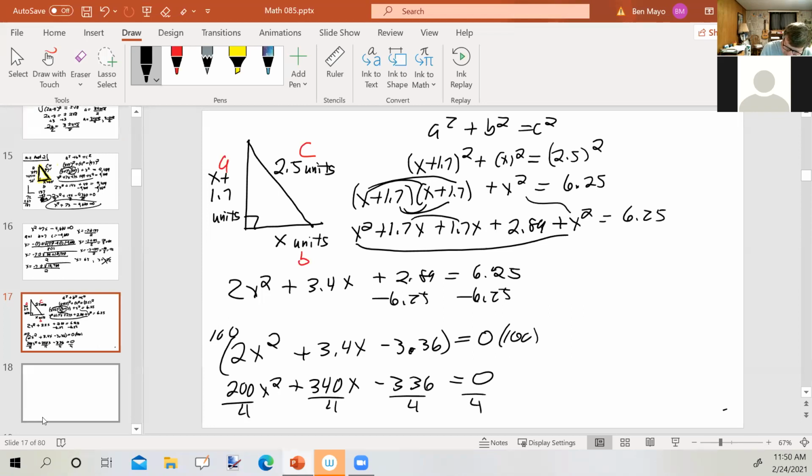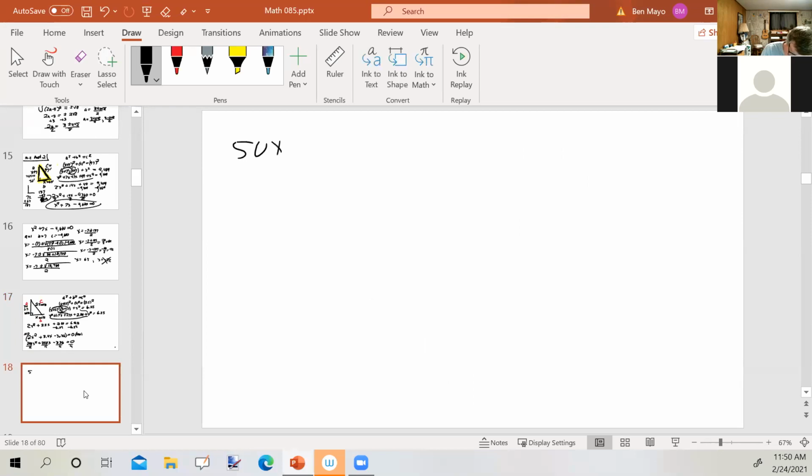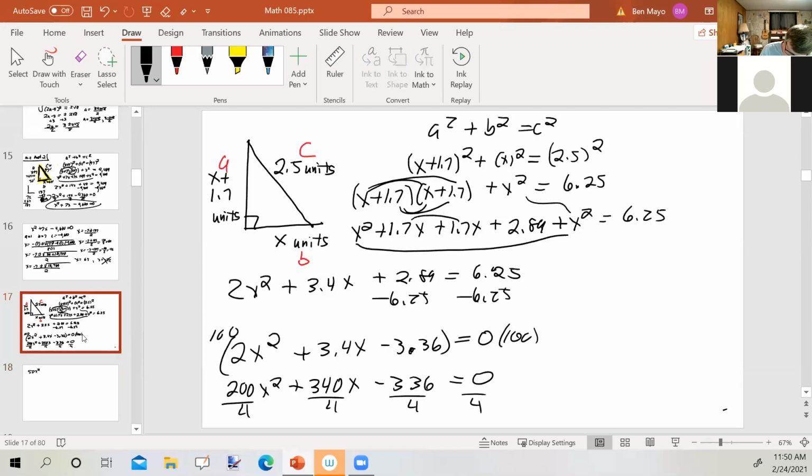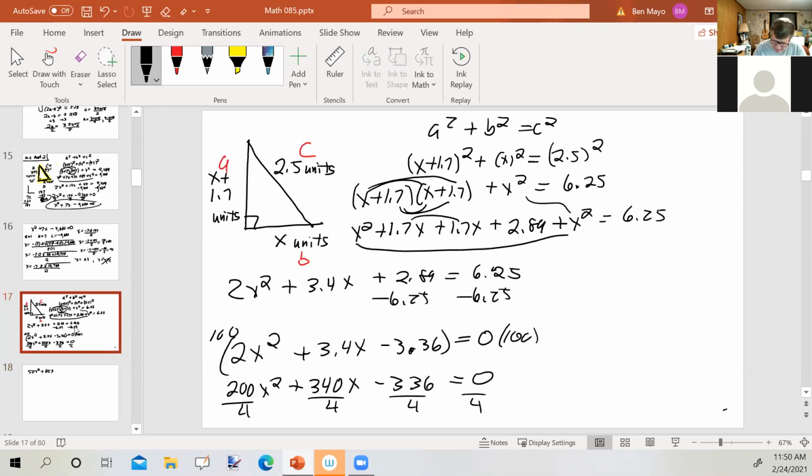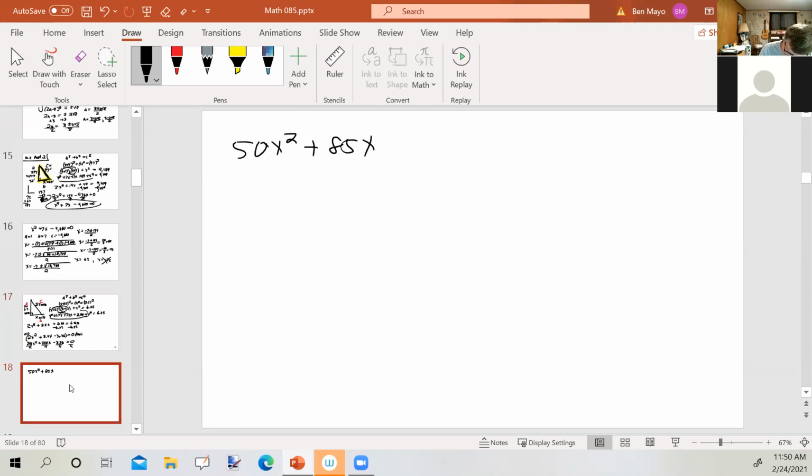So 200 divided by 4 would be 50x squared plus 340 divided by 4 is 85. So plus 85x. And then minus 336 divided by 4 is minus 84.